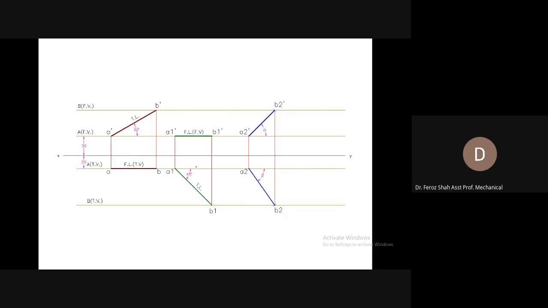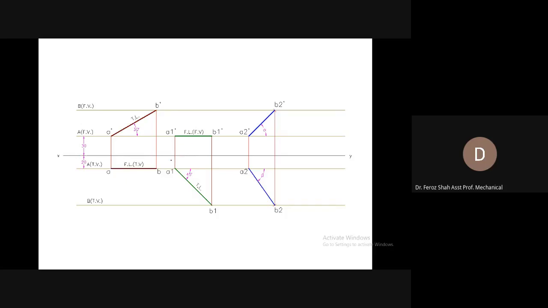These were the assumption steps in order to get this final projection. Because in the first step, we had assumed the line to be inclined to the horizontal plane only and parallel to the vertical plane.